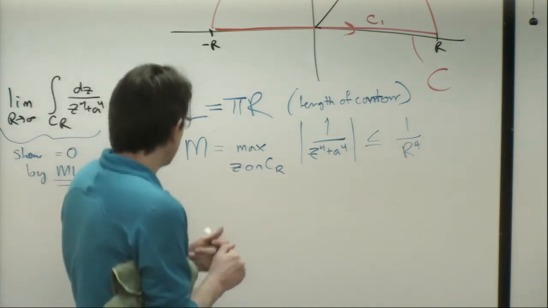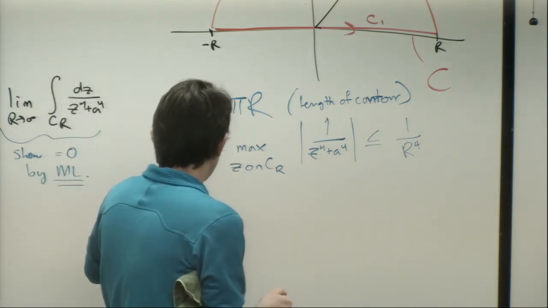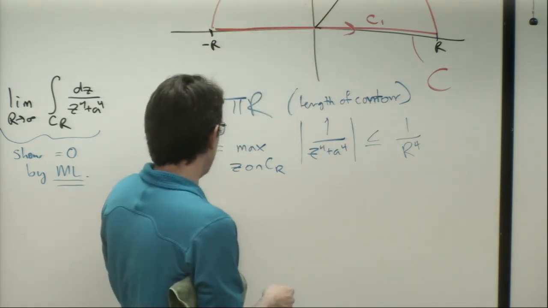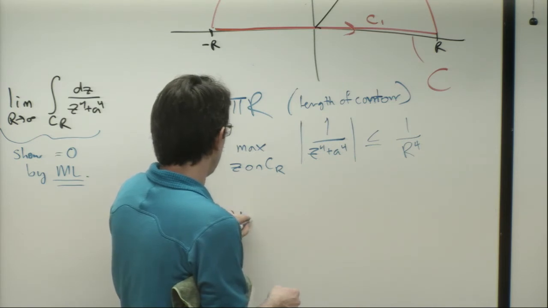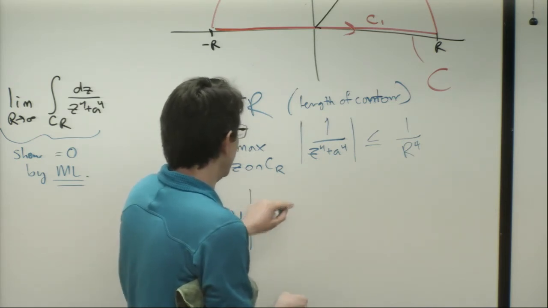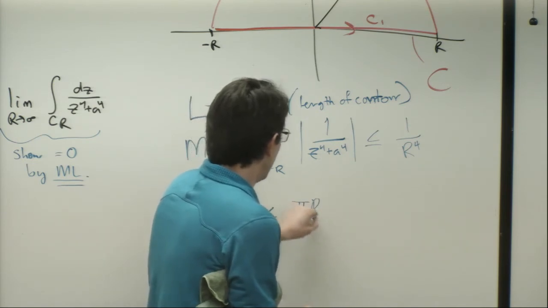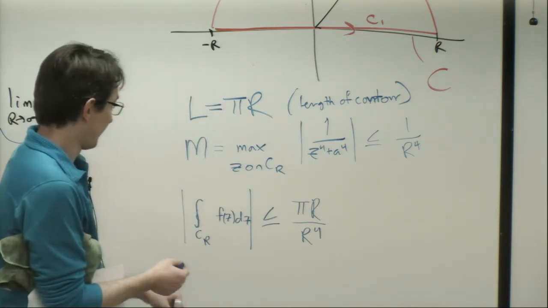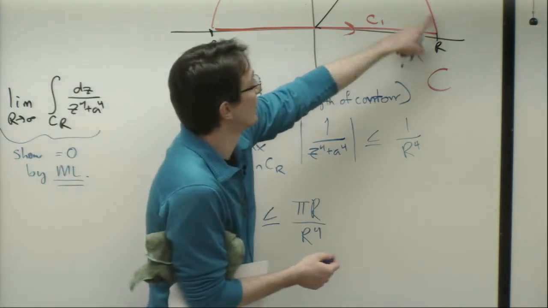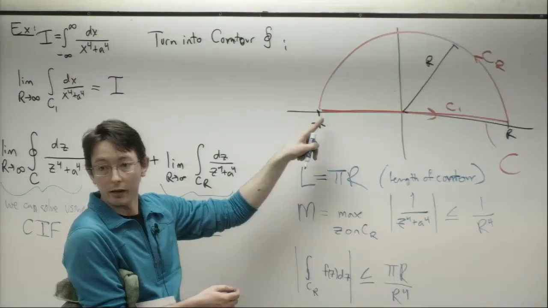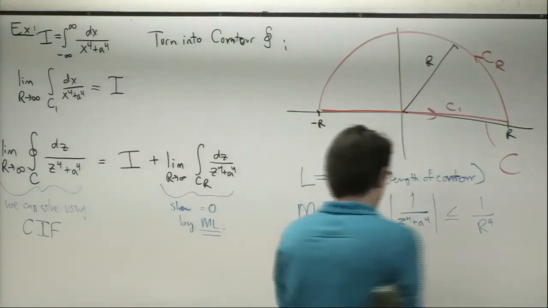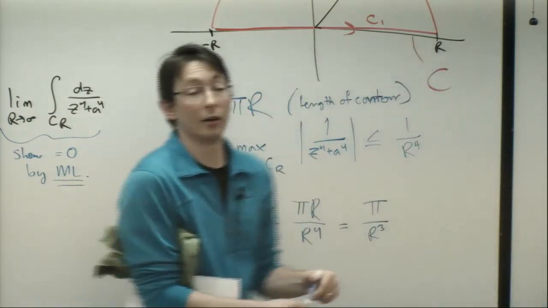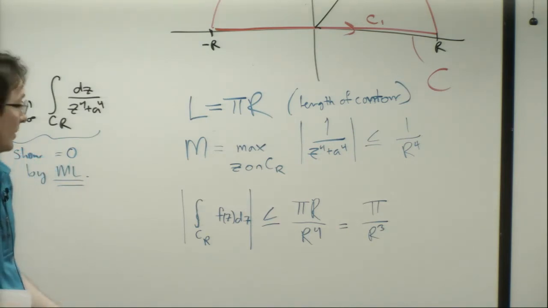Okay? So the size of the big radius part of my contour integral is less than or equal to pi r over r to the fourth. So the contribution from this integral is less than pi over r cubed. And what am I doing to r? I'm taking r to infinity.